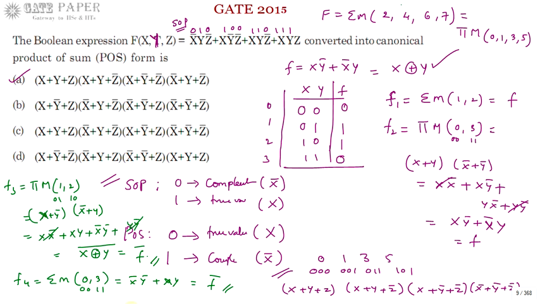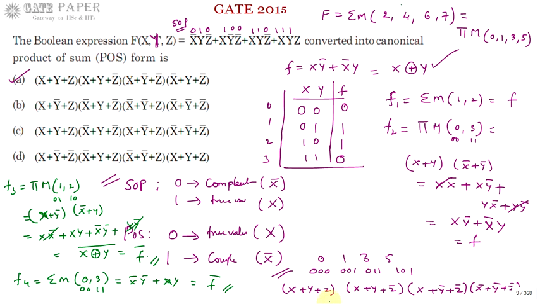So for the given function, you can get the original function by writing the SOP of minterms with logic 1 in the output column, or the POS of max terms with logic 0 in the output column.